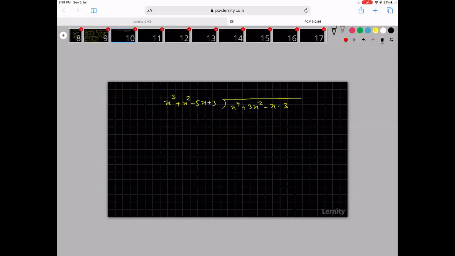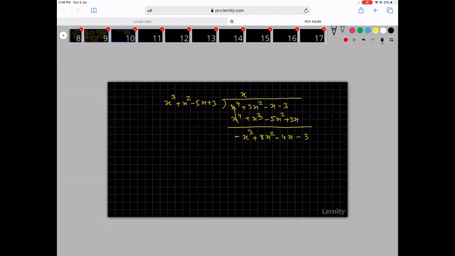I'll put x here, so it will become x power 4 plus x cubed minus 5x square plus 3x. Now when I subtract them, these two get cancelled. I'll get minus x cubed plus 8x square minus 4x minus 3.